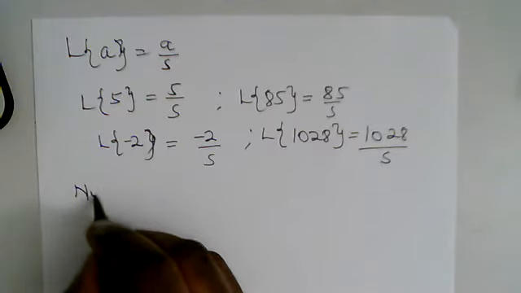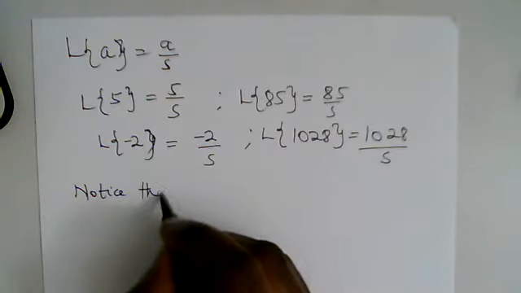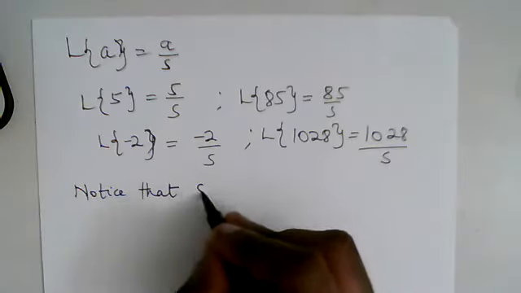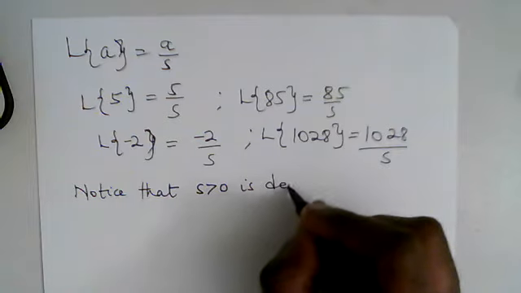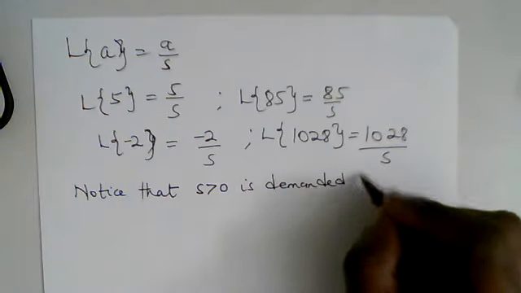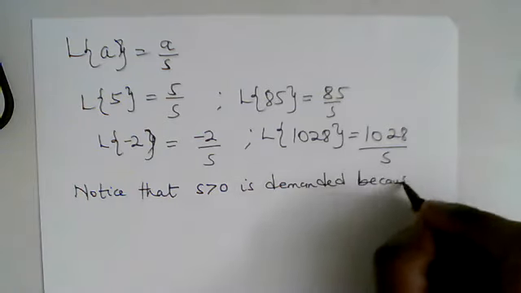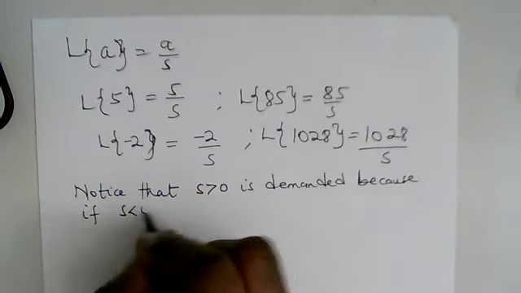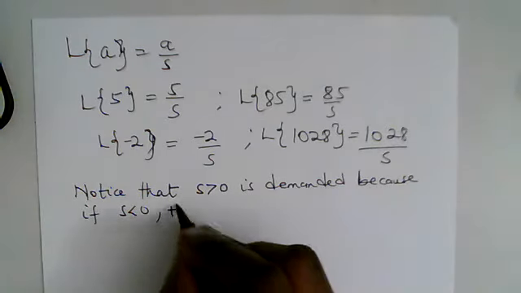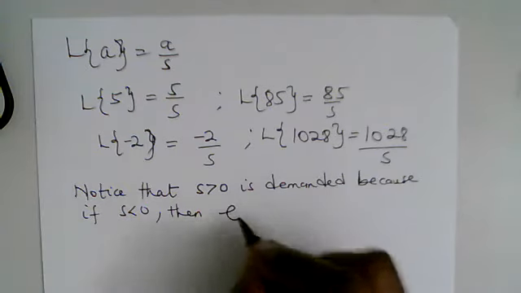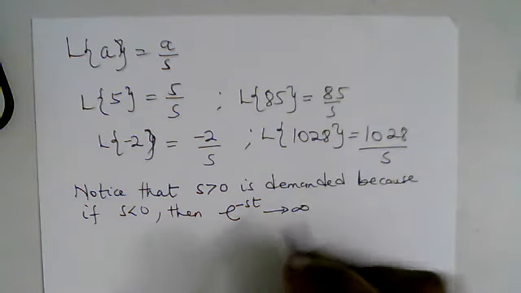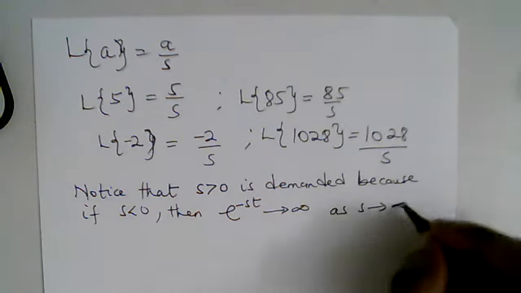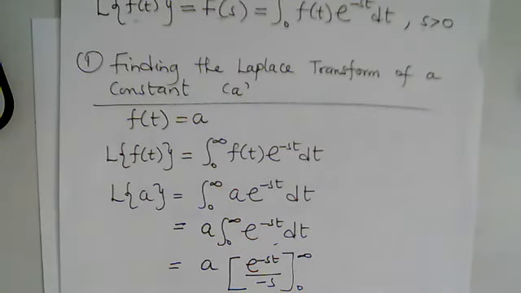Now notice that s greater than 0 is demanded in this case, because if s is less than 0, then this integrand, that is e to the power minus st, will approach infinity as t approaches infinity. Do you see that?